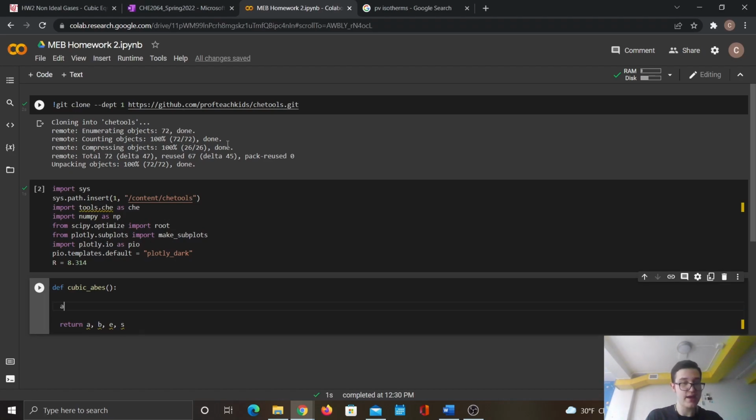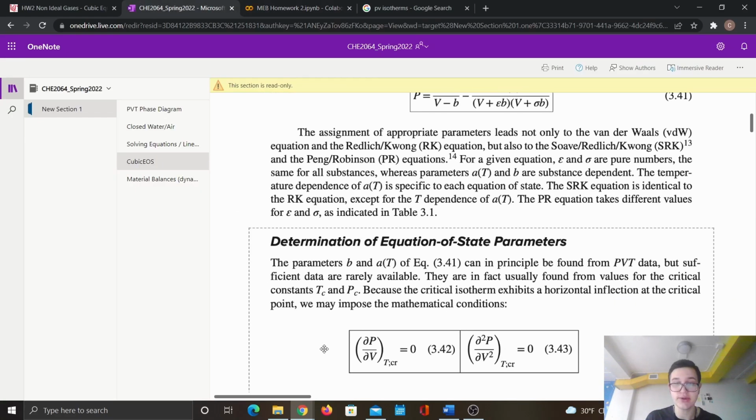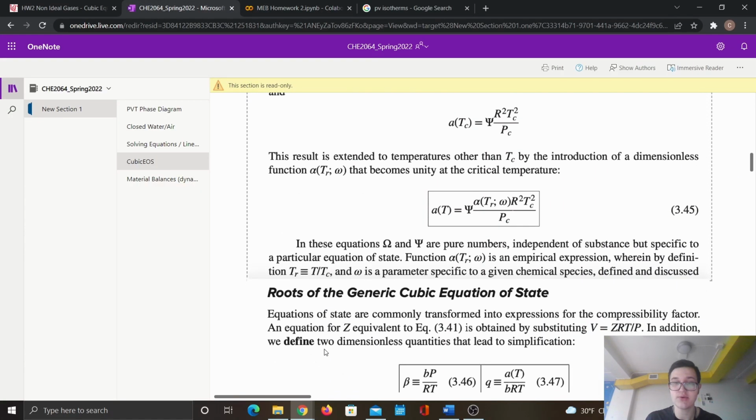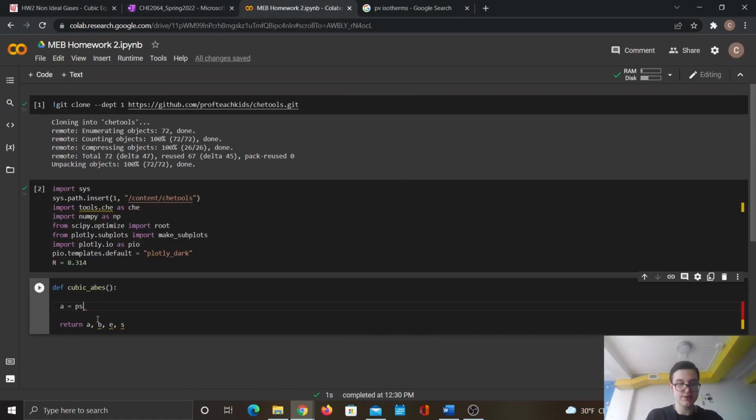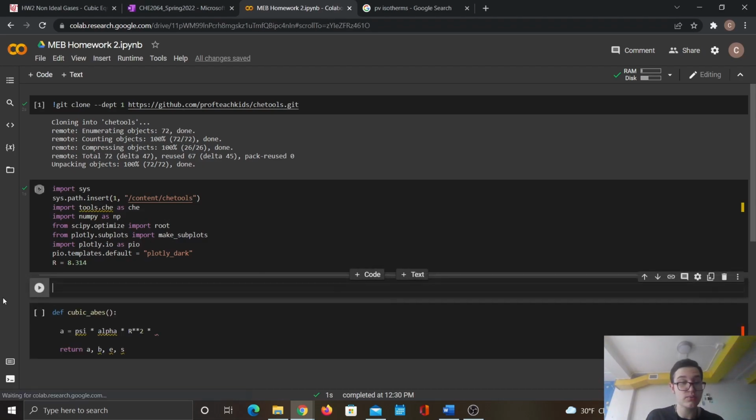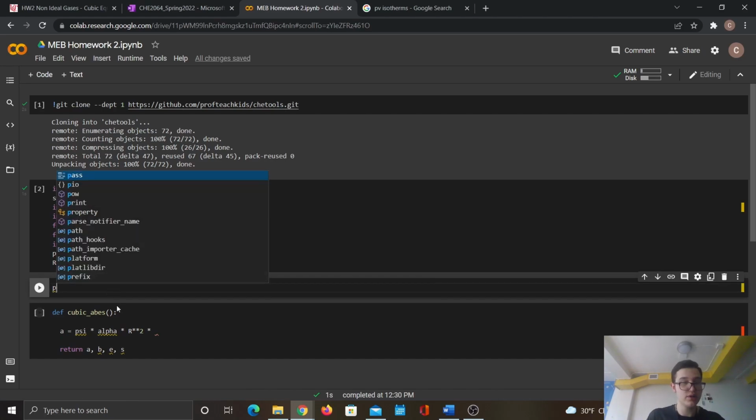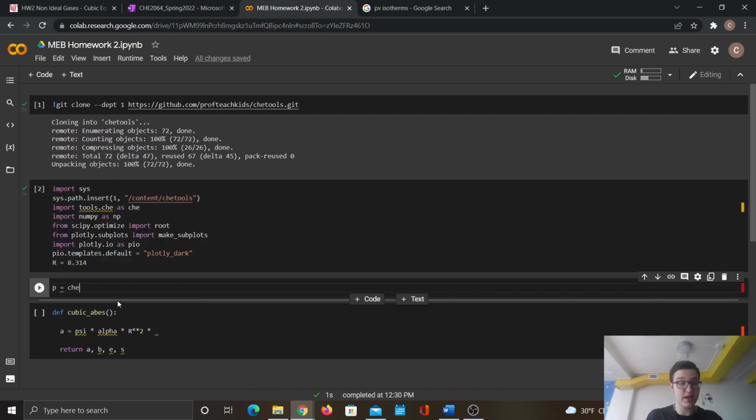So we have A is equal to, well, what is A equal to? Let's go over here. A is equal to psi times alpha times R squared times critical temperature. So we're going to need to input P equals che.props of water, and I also need brackets here.